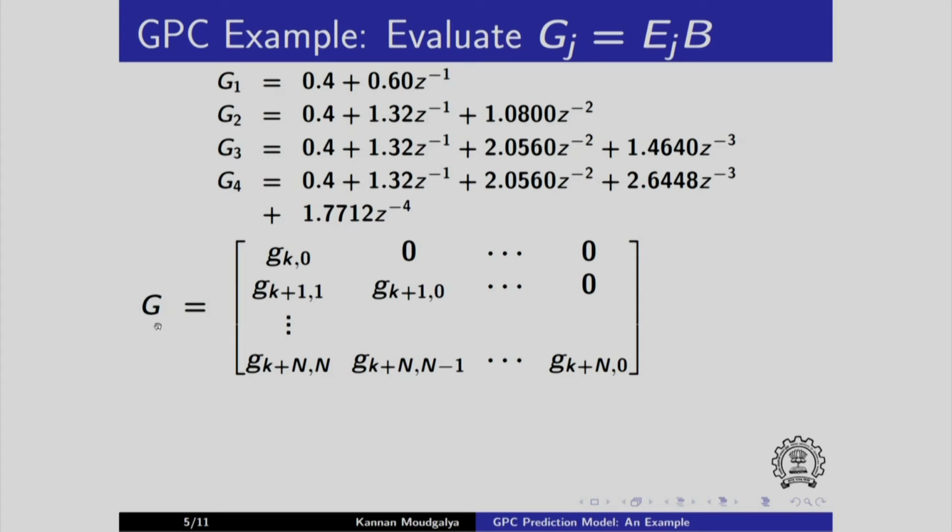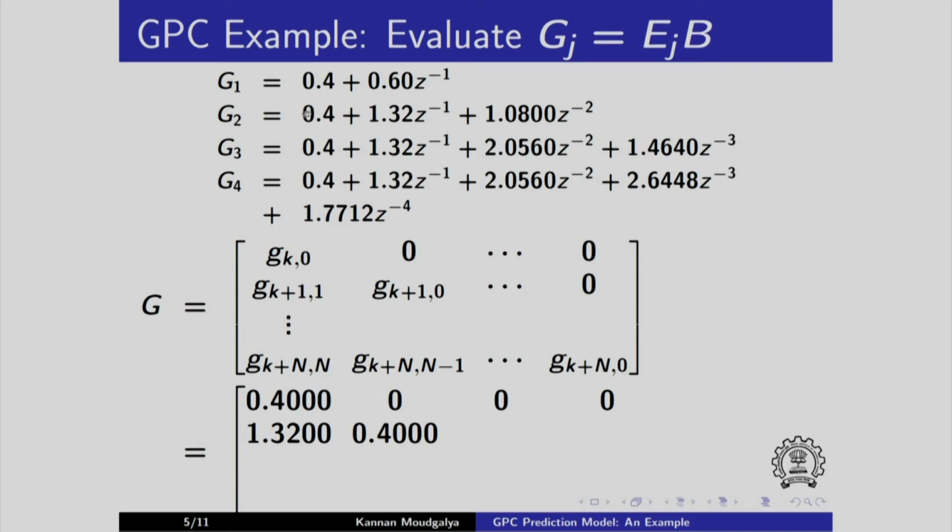And recall the matrix capital G. It is arranged as follows. So we can put the values from here into this. The first one is 0.4, which comes here, and the rest are 0. For the second one, it is 1.32 first, k plus 1 comma 1 is this, and this is k plus 1 comma 0, which is here.